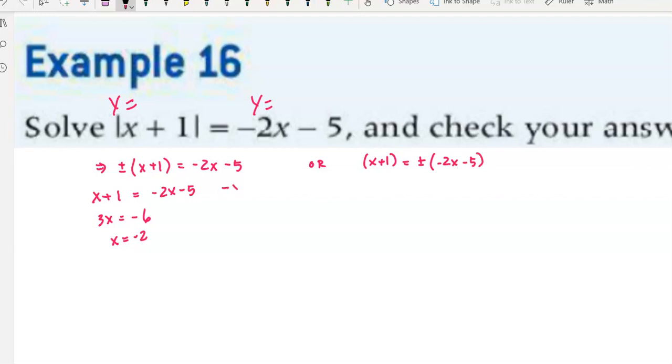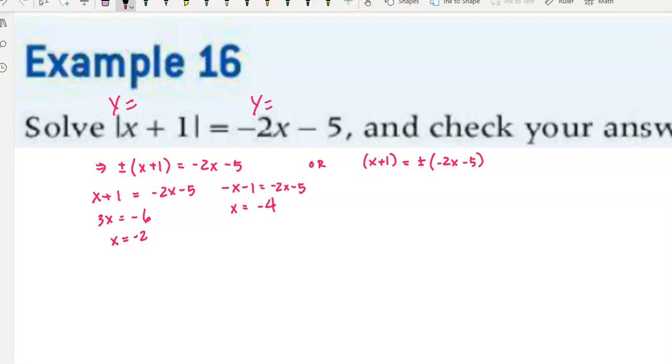And then you're going to get negative x minus 1, because you have to distribute the negative through, equals 2x minus 5, and that's x equals positive 4. Ew.